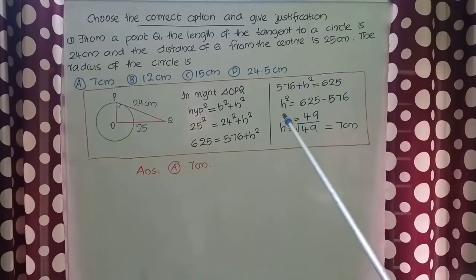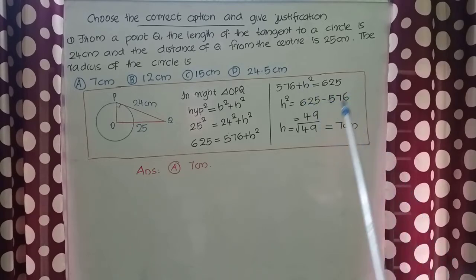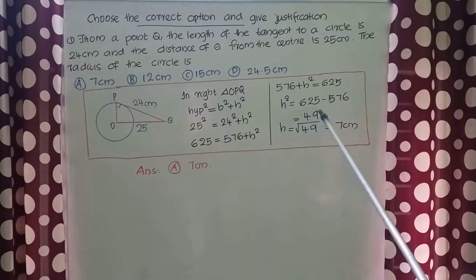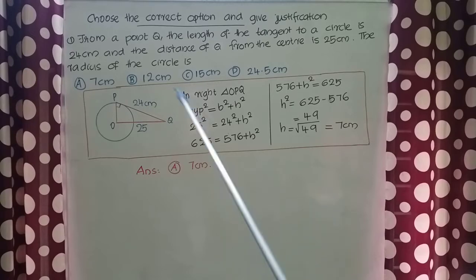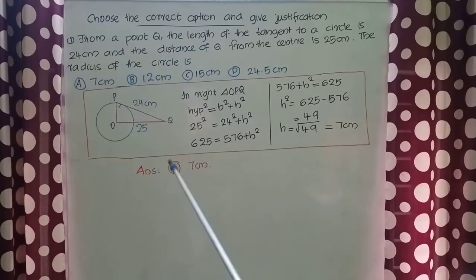Height square equal to 625 minus 576. That is height square equal to 49. Height equal to root of 49, that is equal to 7 centimeter. So, here the correct option is option A 7 centimeter.